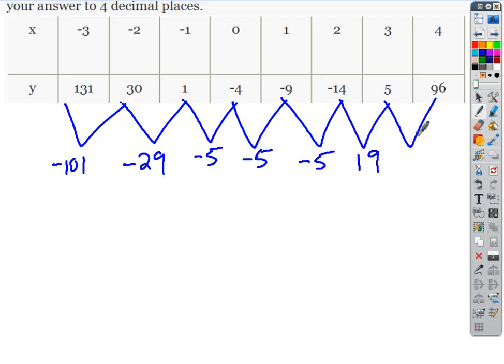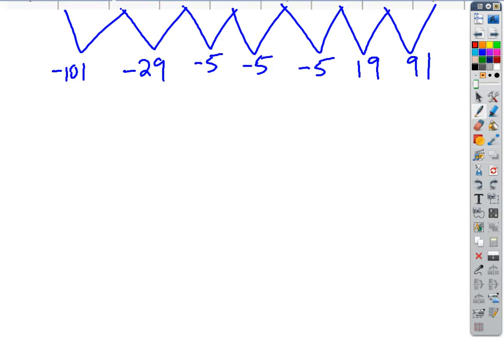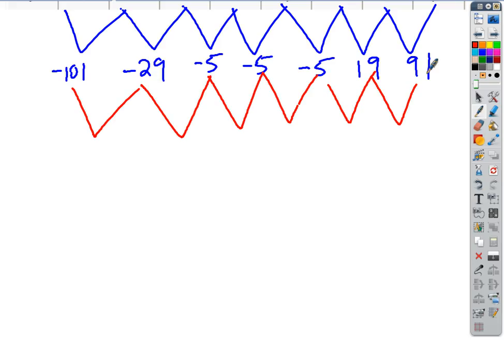Negative 29 minus negative 101. Is that 72? Negative 5 minus negative 29, so 25? 24. 24, whoops, you're right. Zero, 24, 72.